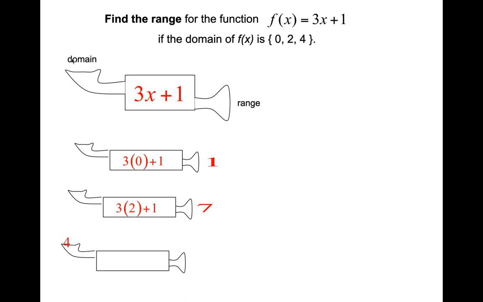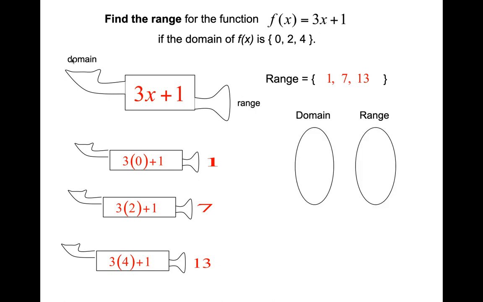Again, we're going to input that into the function rule. 3 times 4 is 12, plus 1 is 13 as my output. So I put in the values 0, 2, 4, and the values that came out are 1, 7, 13, which are my range.